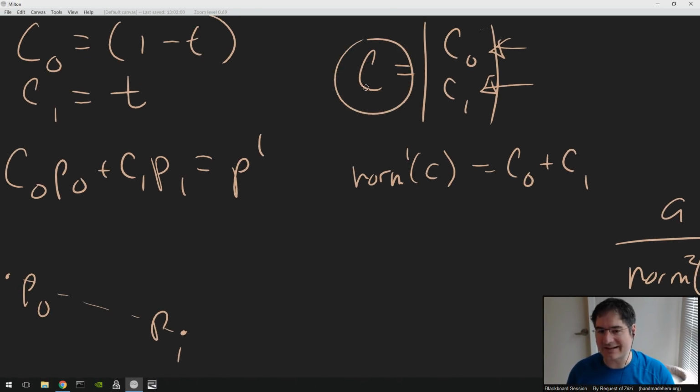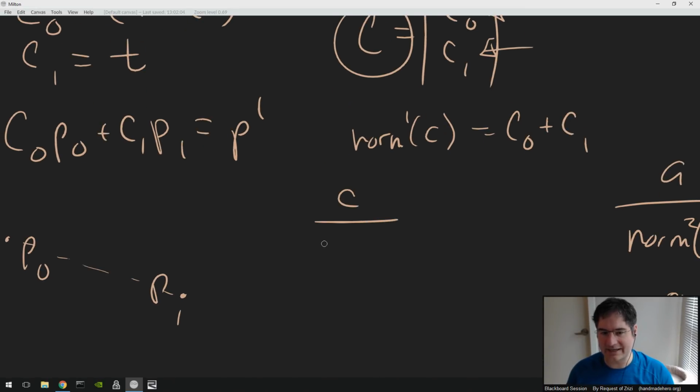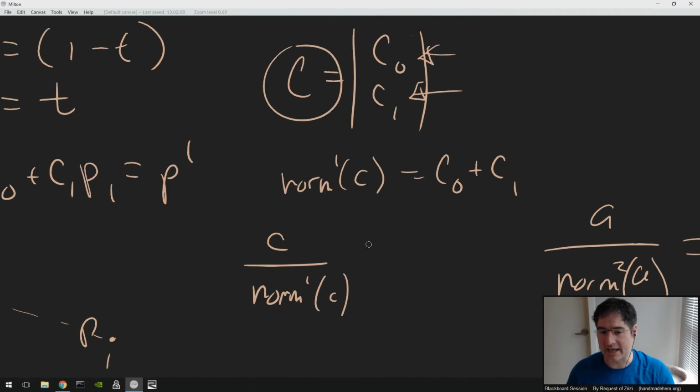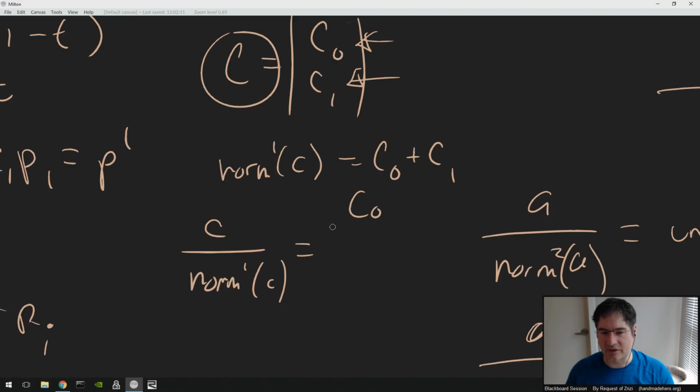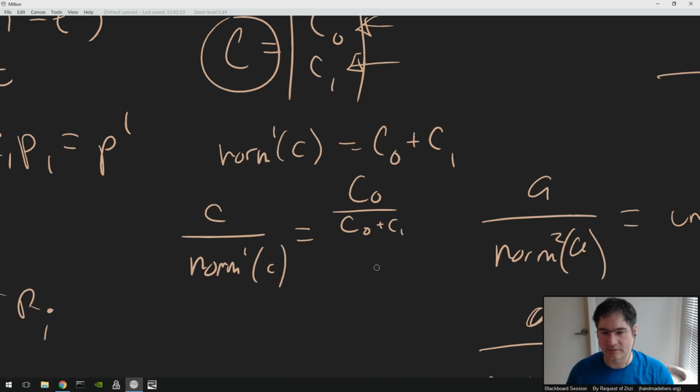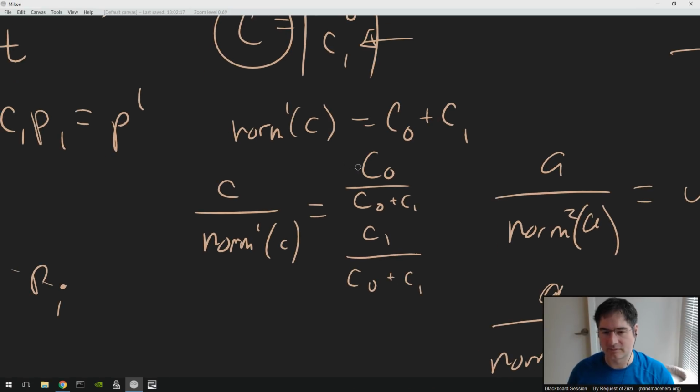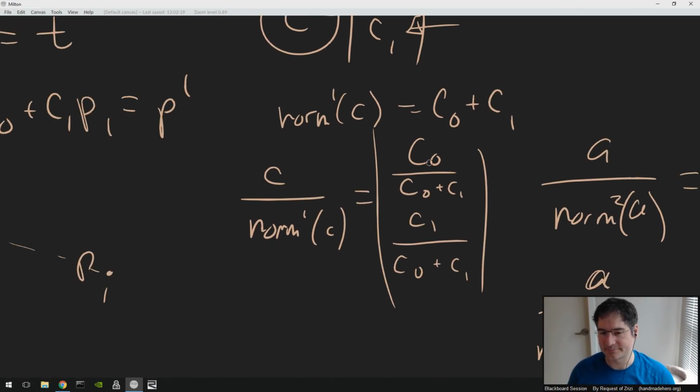That means I divide C by the 1 norm. This is the 1 norm. I'm dividing C by the 1 norm. What will I get? Well, I'll get C0 over C0 plus C1, and C1 over C0 plus C1. That's the new vector. And what do I know about this new vector?